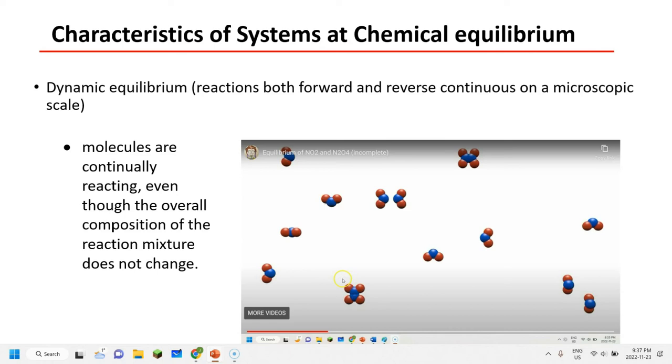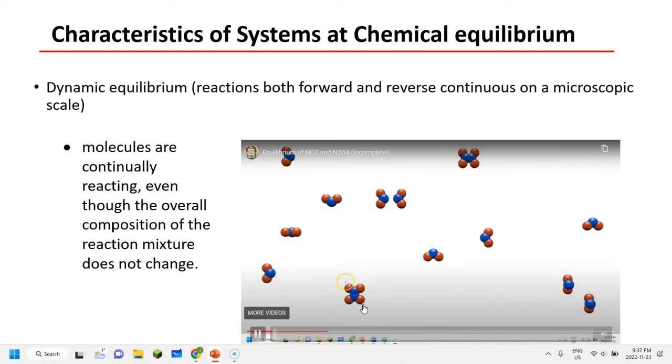So for example, in this simulation of nitrogen dioxide gas floating around, we can see that by our blue spheres with two red spheres on them, they will, when they collide, if they collide with the correct orientation and sufficient energy for a reaction to occur, become dinitrogen tetraoxide, which is recognized by the 2 blue spheres attached to each other with 4 red spheres.